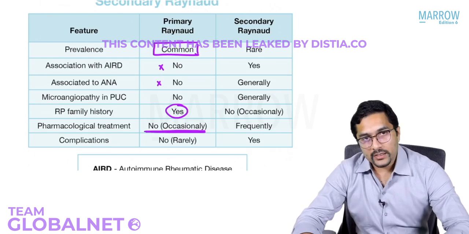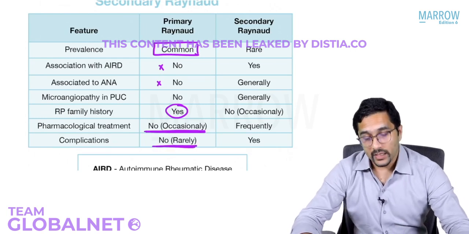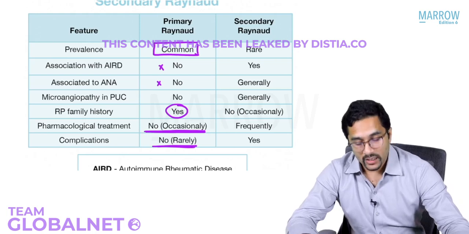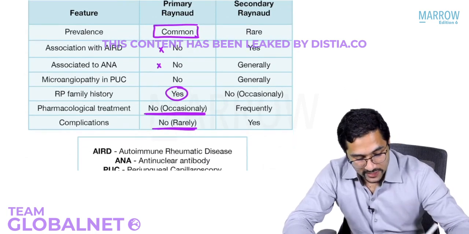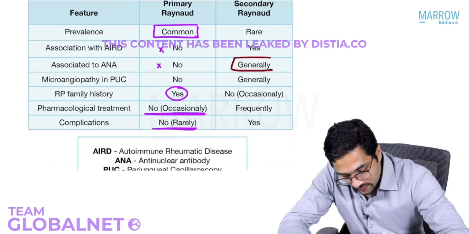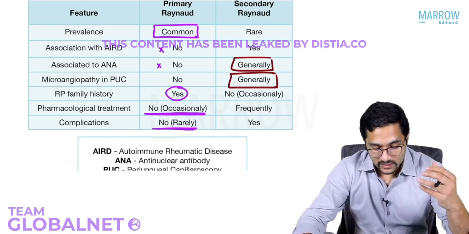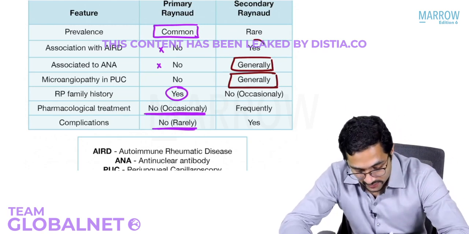Pharmacological treatment is not usually required, and complications are rarely seen in primary Raynaud's. Secondary Raynaud's is commonly seen in patients with collagen vascular diseases like SLE, rheumatoid arthritis. So collagen vascular diseases are usually associated.